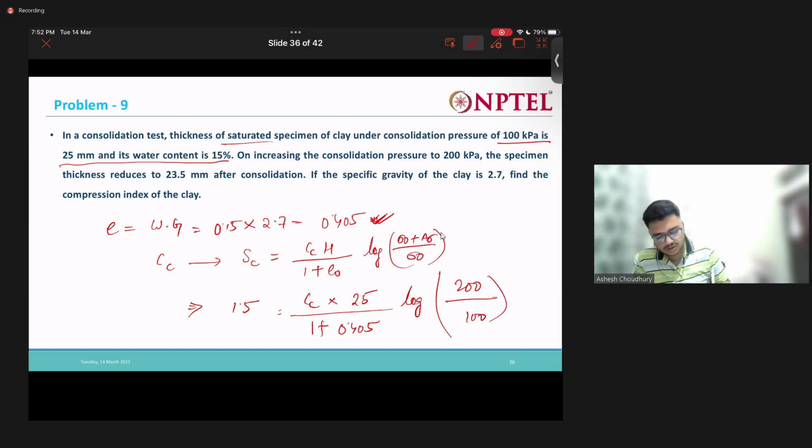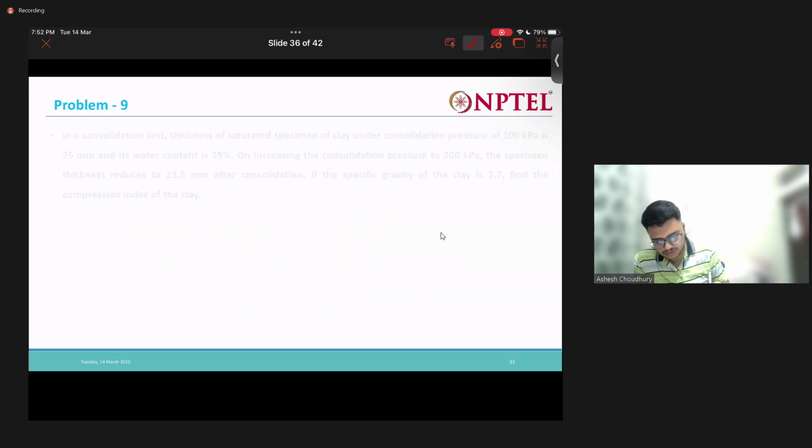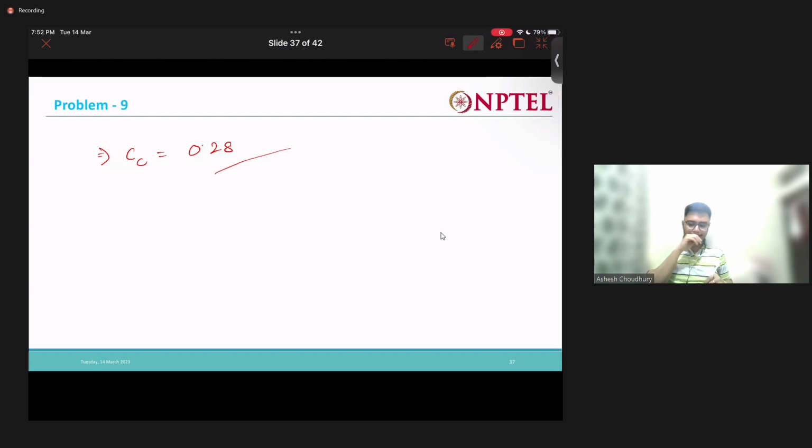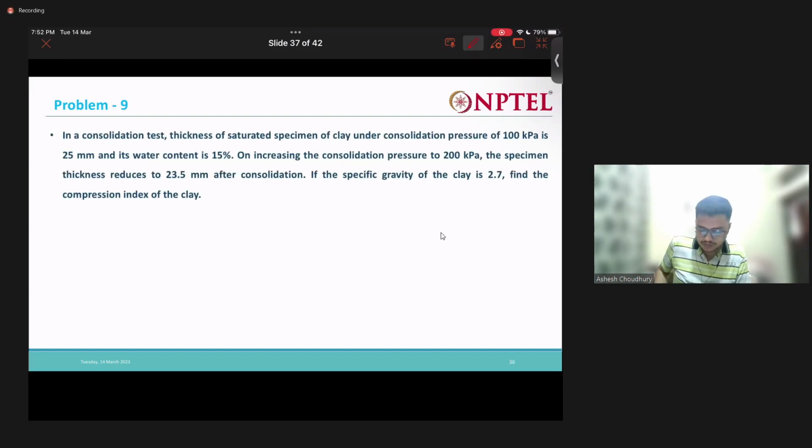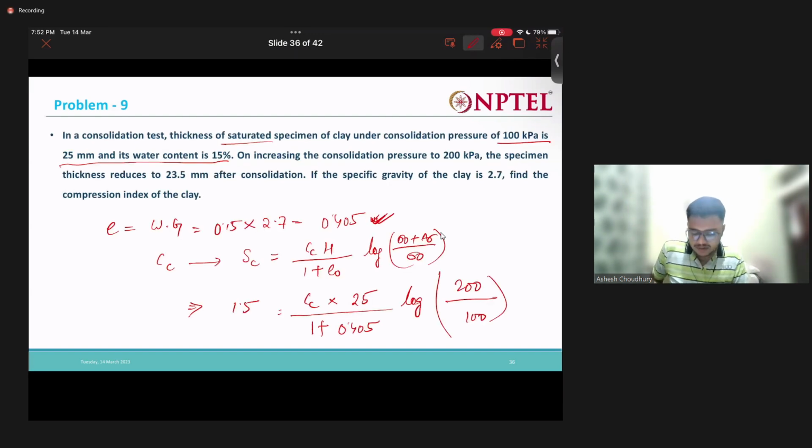If I solve this, my Cc will come as 0.28. Okay. Very simple. Final void ratio I know, initial void ratio I know. I have been asked to find the Cc, so just use the formula for the consolidation settlement. I determined the Cc value.